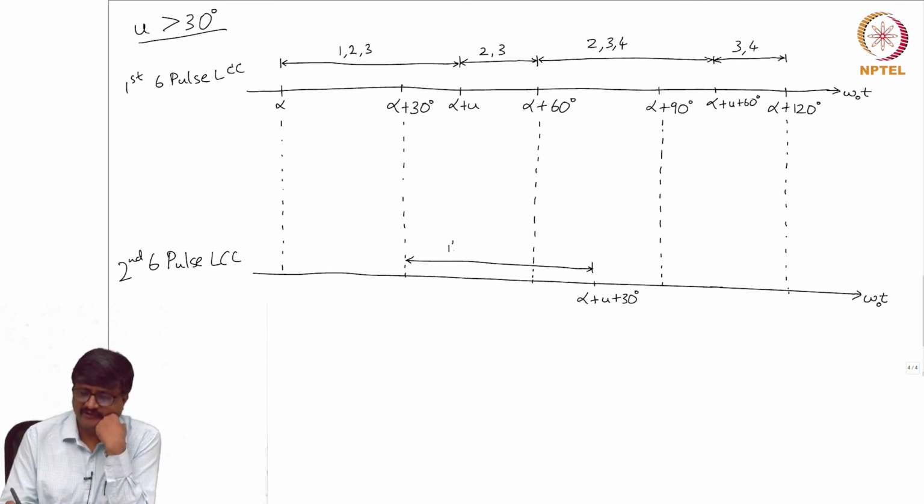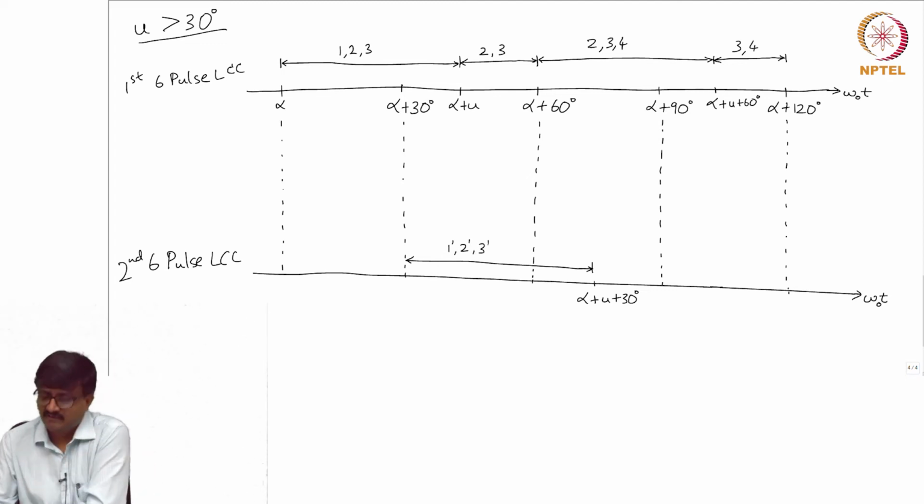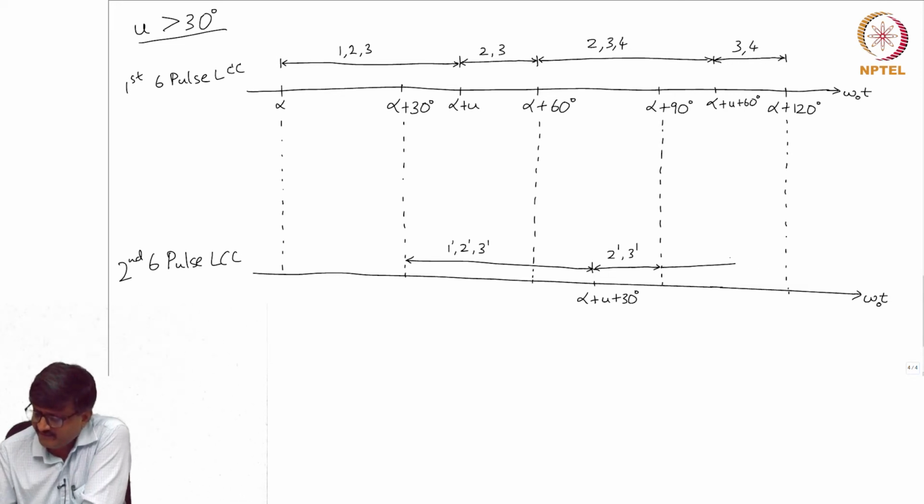Yeah, 1 prime, 2 prime, 3 prime. And from alpha plus u plus 30 to alpha plus 90, it is 2 prime, 3 prime. Then beyond this, it is 2 prime, 3 prime, 4 prime.